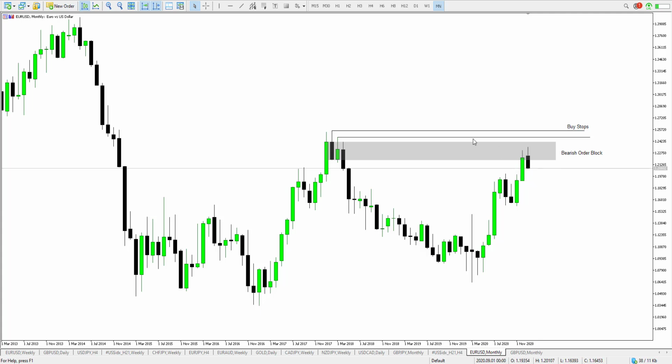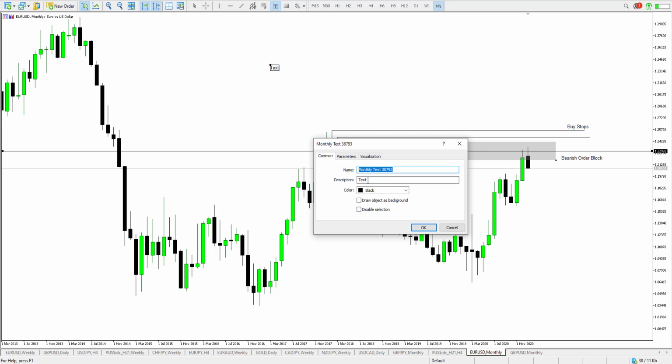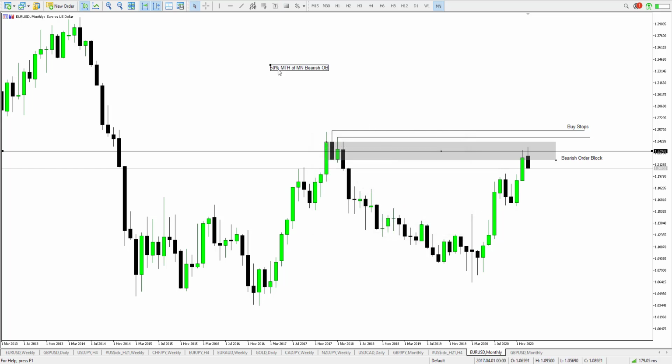When price comes back in here, let me highlight the 50% mean threshold, which is coming in right here. So this is our 50% mean threshold of the monthly bearish order block, this level here.